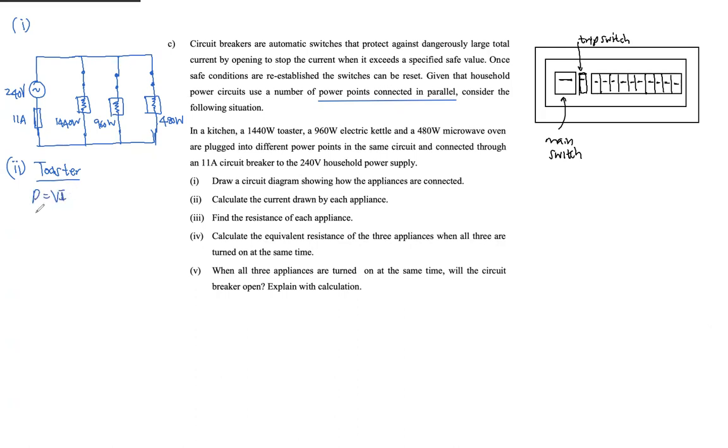P equals VI. P is 1440, and the voltage is 240, because everything is connected in parallel. So all of them will be experiencing a voltage of 240 volt. That is not going to change.